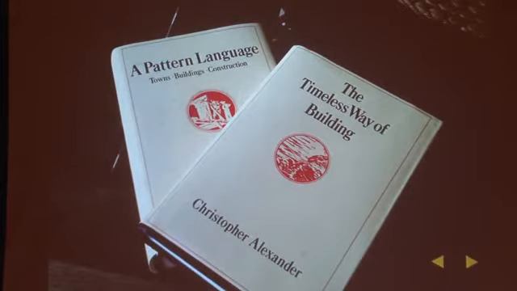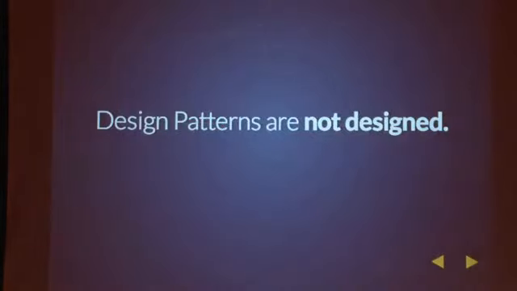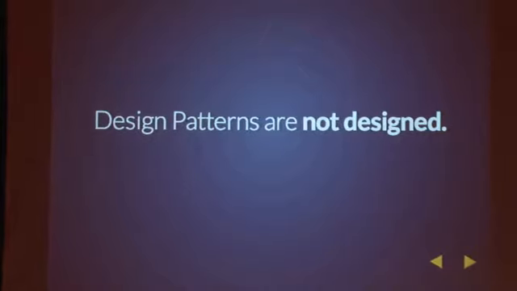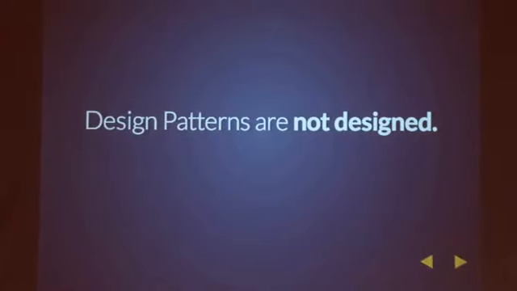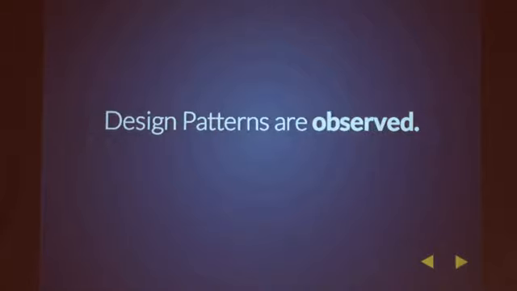There's 3 books in the series. The second one is A Pattern Language, in which they describe, I think, 200 or so actual patterns that they've observed and tried implementing. But one of the key concepts that he talks about is that design patterns are not designed, but rather they are observed.